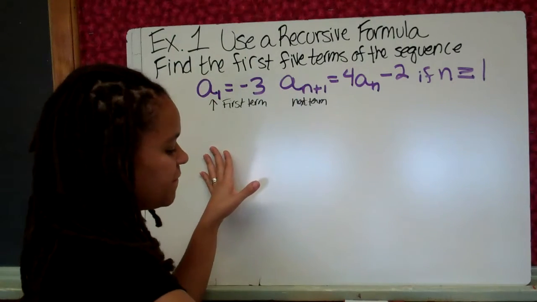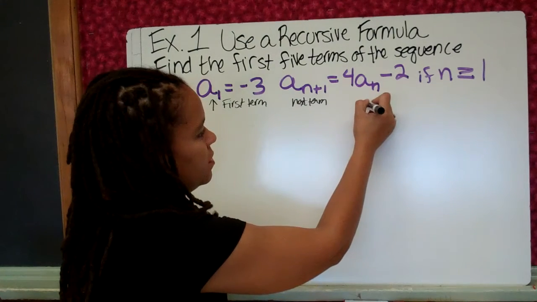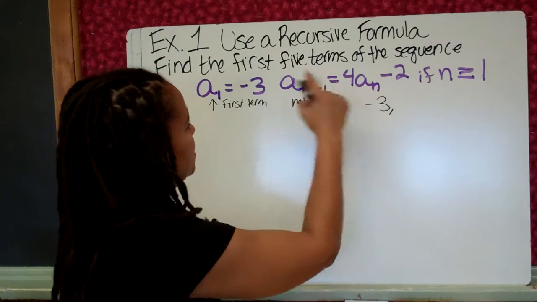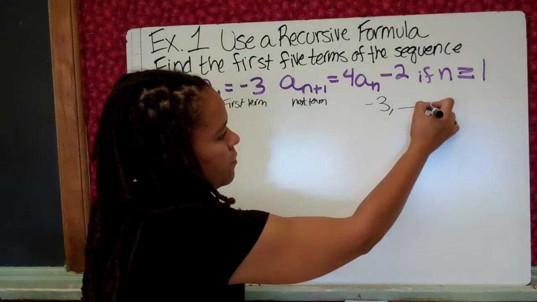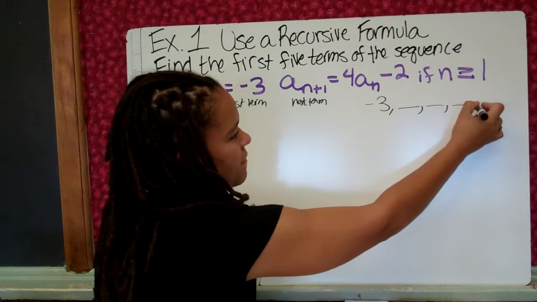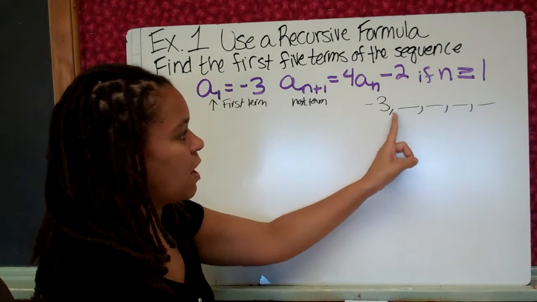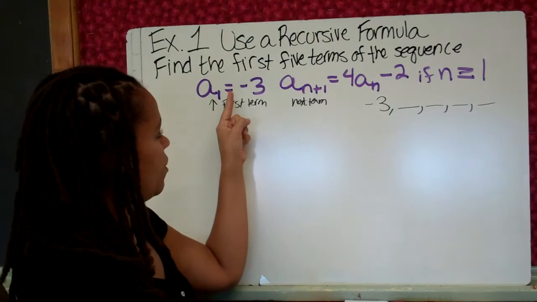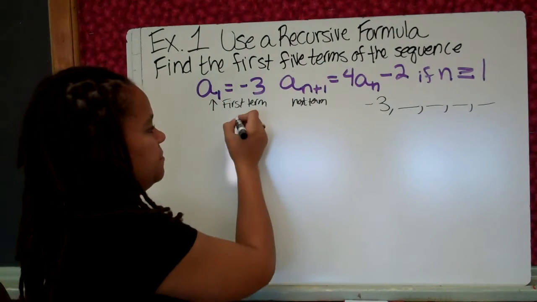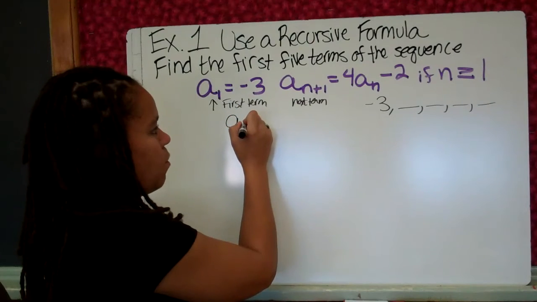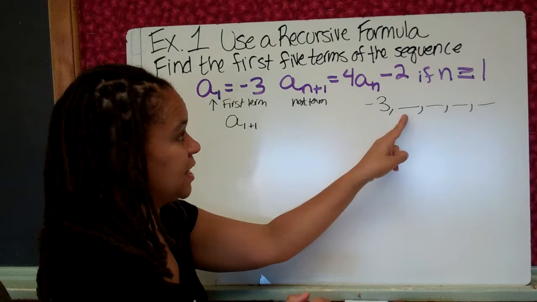Let's look. If we know the first term is negative 3, and they ask us for the first 5 terms, that's the first one, 2, 3, 4, 5. We want the first 5 terms here. So let's figure out the next one. We want a sub 1 plus 1, because we're looking for a sub 2, the second term.